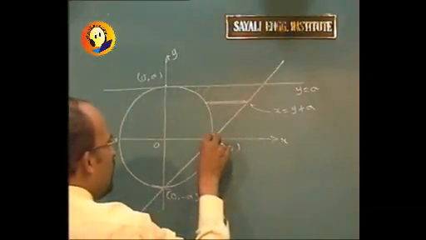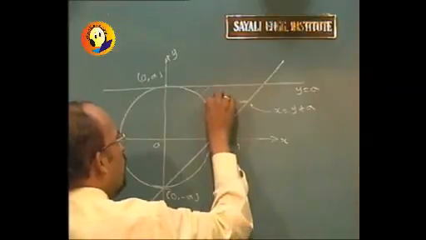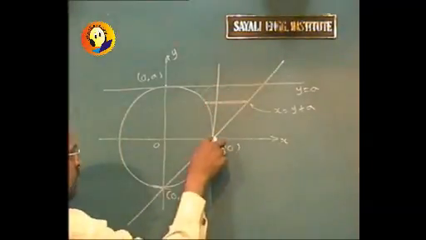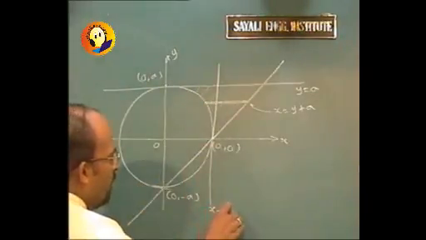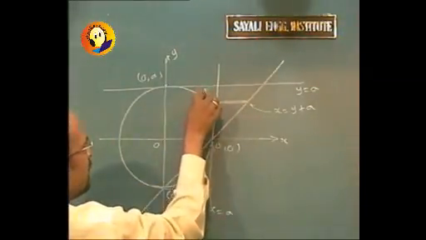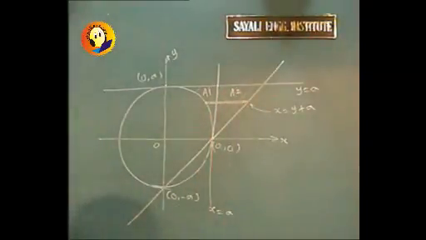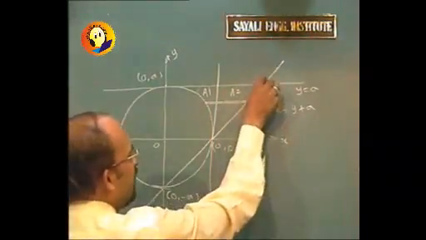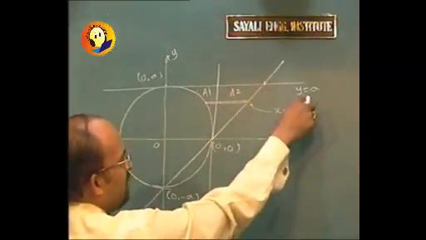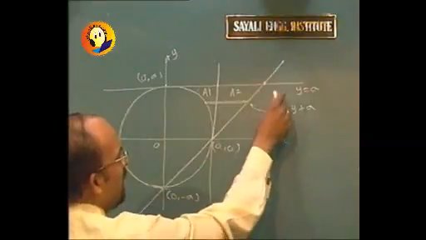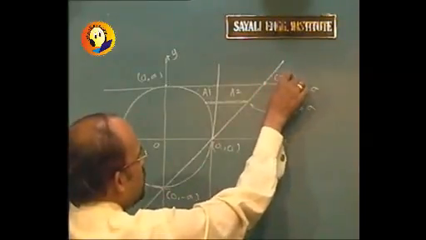Now as we take strips parallel to the y-axis, we will be interested in this particular line, x equal to a, which is separating the two areas. This is area 1 and this is area 2. We would also be interested in this particular point, whose coordinates, as you substitute y equal to a in the equation of the line, will be x equal to 2a. So the point is (2a, a).